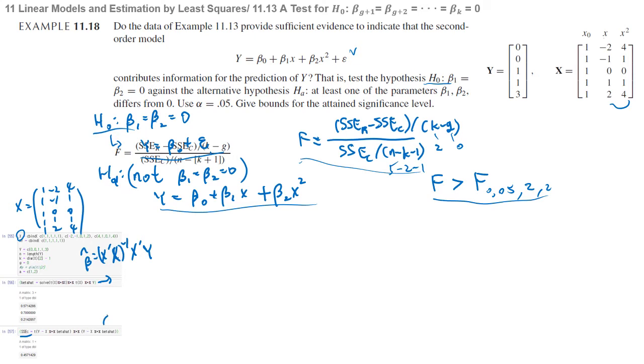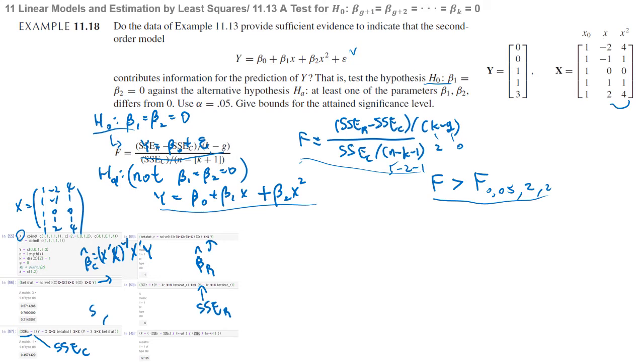this way, and also you can move on to calculate beta hat reduced. So this is beta hat complete, and you can calculate beta hat reduced like this, and also you can calculate SSE reduced, and this is SSE complete.